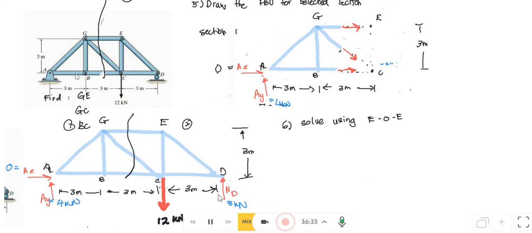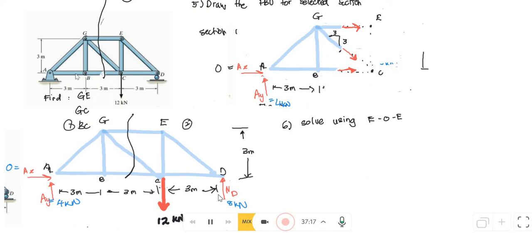So Ay and GC, we can write in the equation of summation of Fy equal to 0. But before that, you need to know this one. We can do like this, or we can do like this. We can put it here so it'll be easier for us. Actually, this one you don't have to put, because we already put it in here. So it would look easier, so you can see clearly.